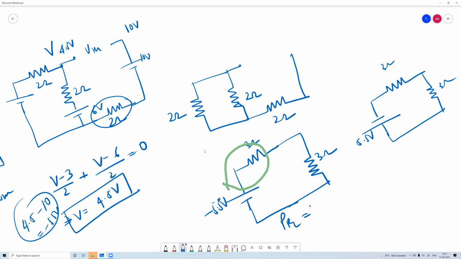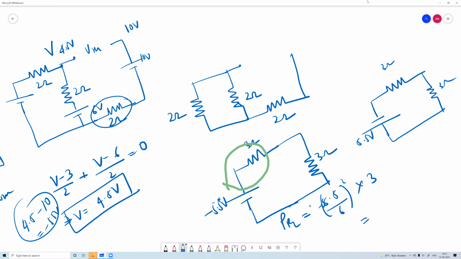And the power would be (5.5) squared by 6, whatever it is coming. The minus would be inside the bracket, not outside. The power would be positive. If negative power is coming, then there is something wrong.